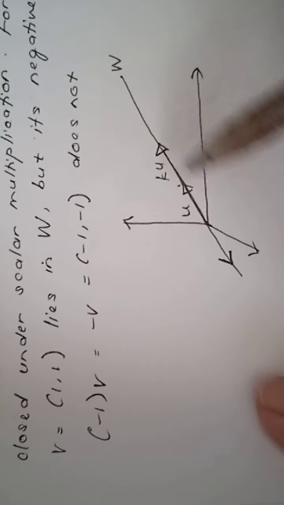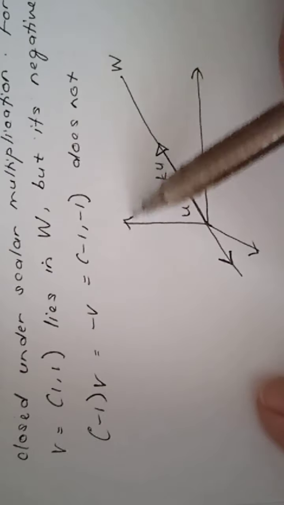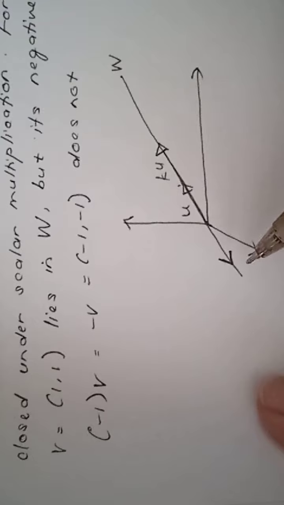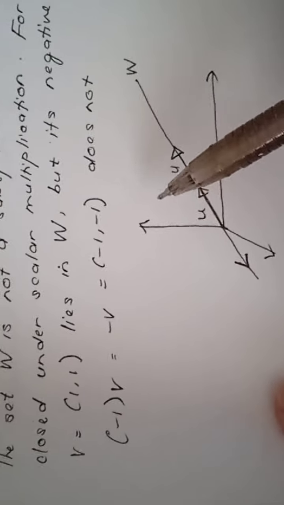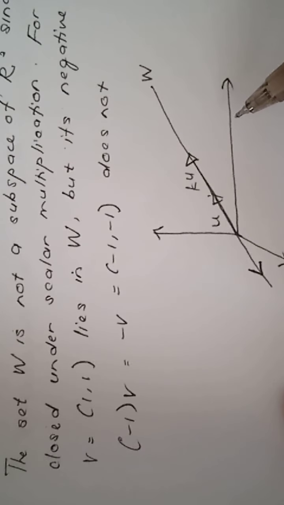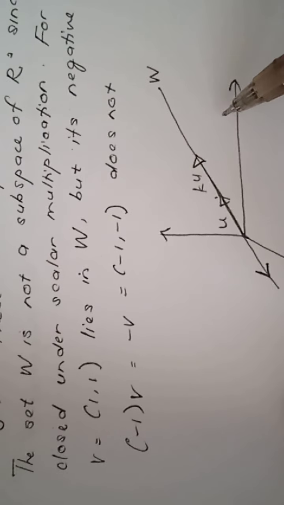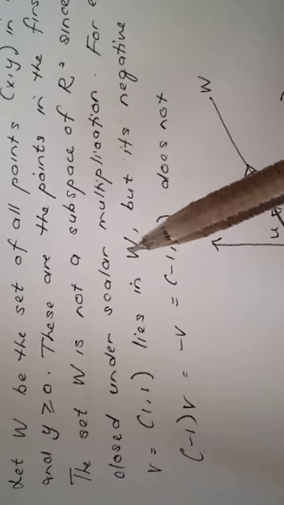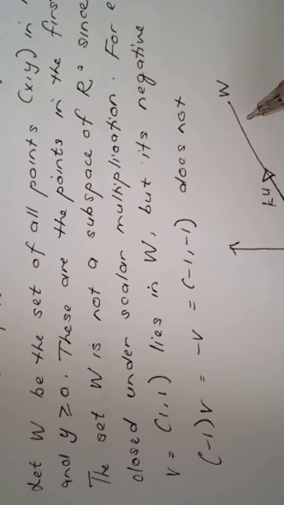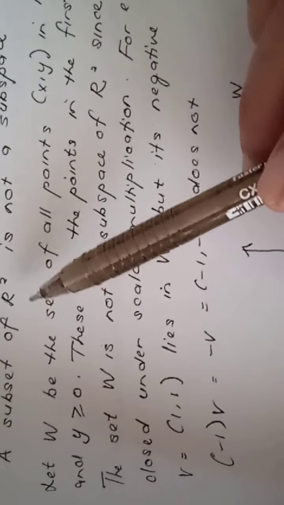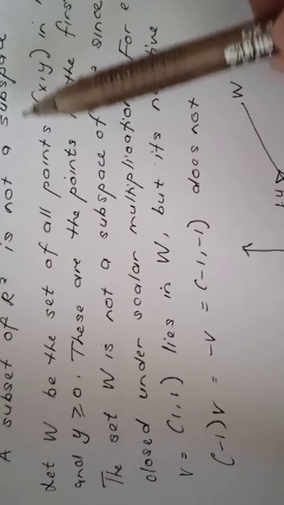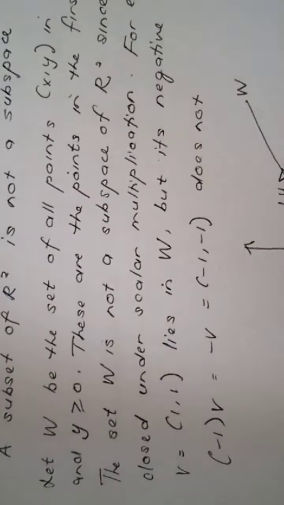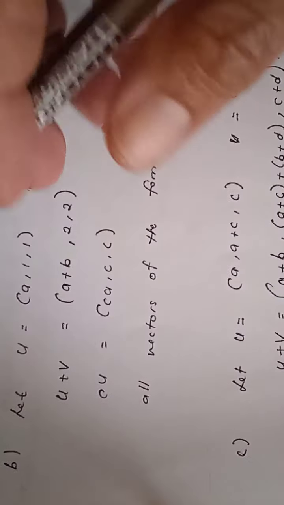Since ku is not in W, it is outside the region, so ku is not in W. Since it is not in W, we say W is a subset of R2. Therefore, W is not a subspace. Okay, another example.